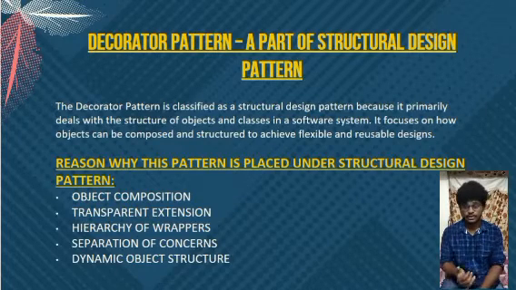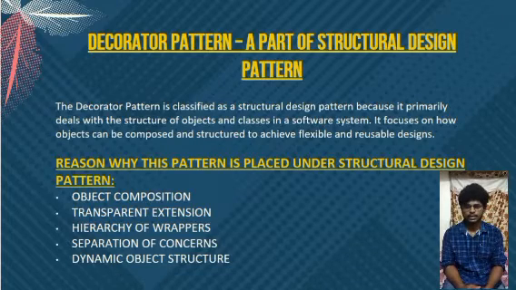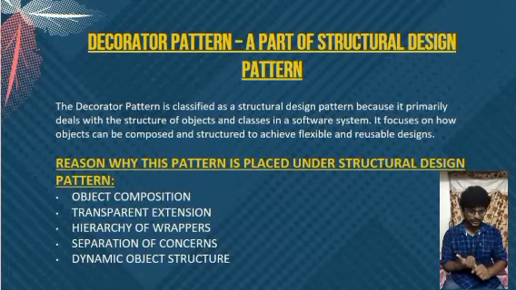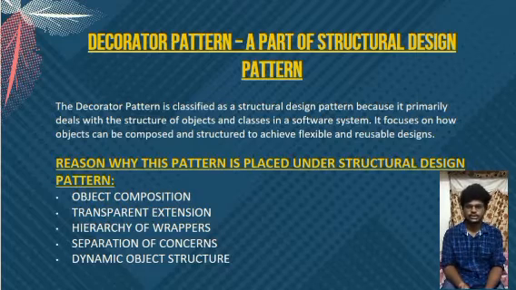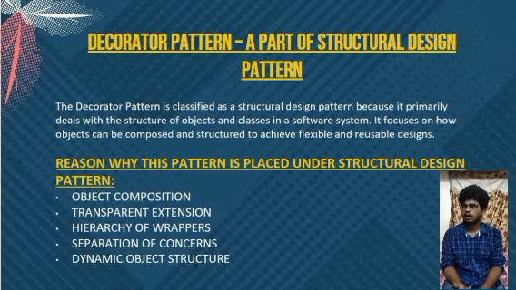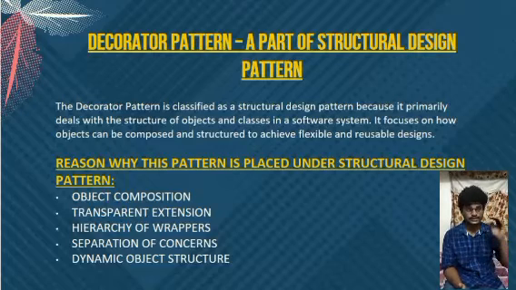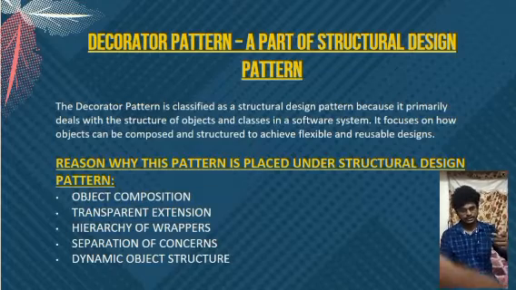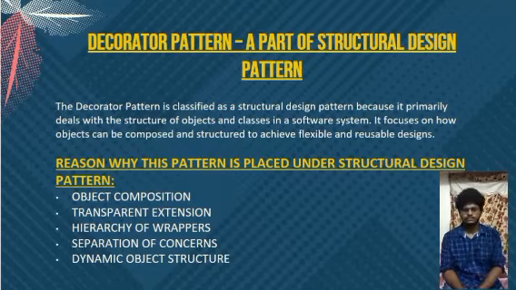Transparent extension preserves the original interface of the object, maintaining compatibility at the same time. Next we go into the third one. Third one, hierarchy of wrappers. Decorators form a hierarchical structure, with each decorator wrapping up the next decorator or the core object.